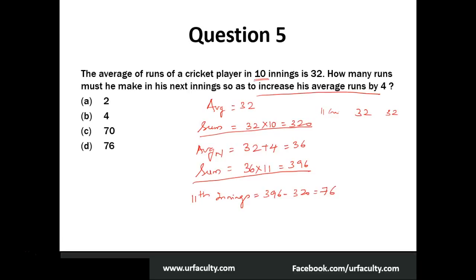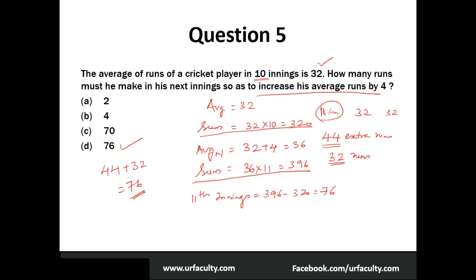So that 4 runs has to be distributed across all these 11 innings. So 44 extra runs he needs to score over and above the 32 runs that he anyway has to score to maintain an average of 32. So 44 plus 32 is the runs that he has to take, which is 76.